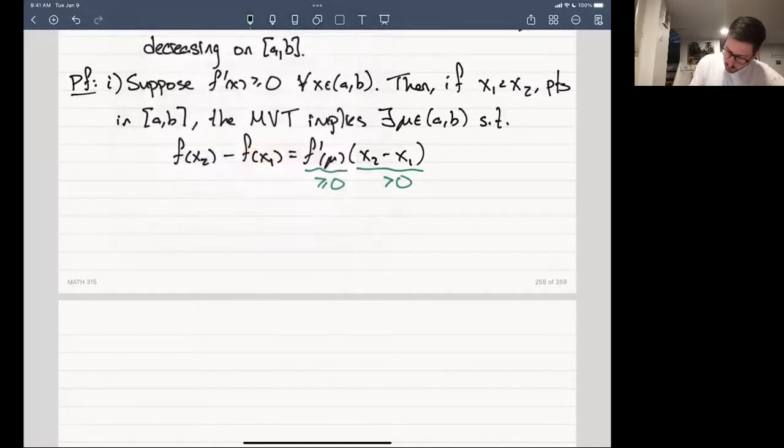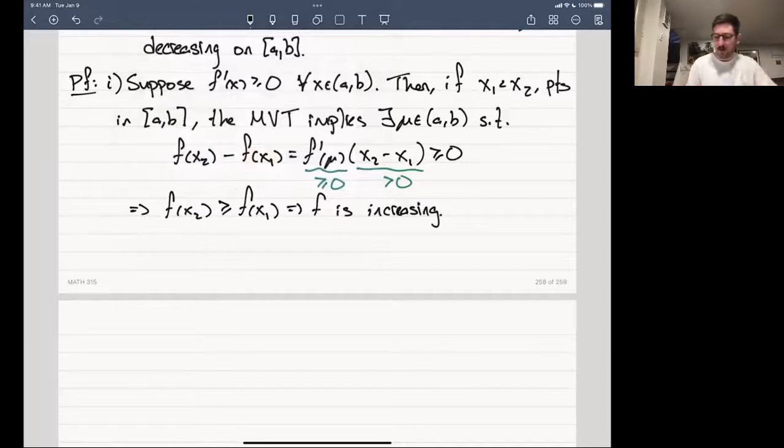And so therefore, this is greater than or equal to 0, which implies that f of x2 is greater than or equal to f of x1, which implies f is increasing. Right? And that comes from the fact that x1 is less than x2. That means that you have this order preserved in the range of the function. And every single other one is identical to that.